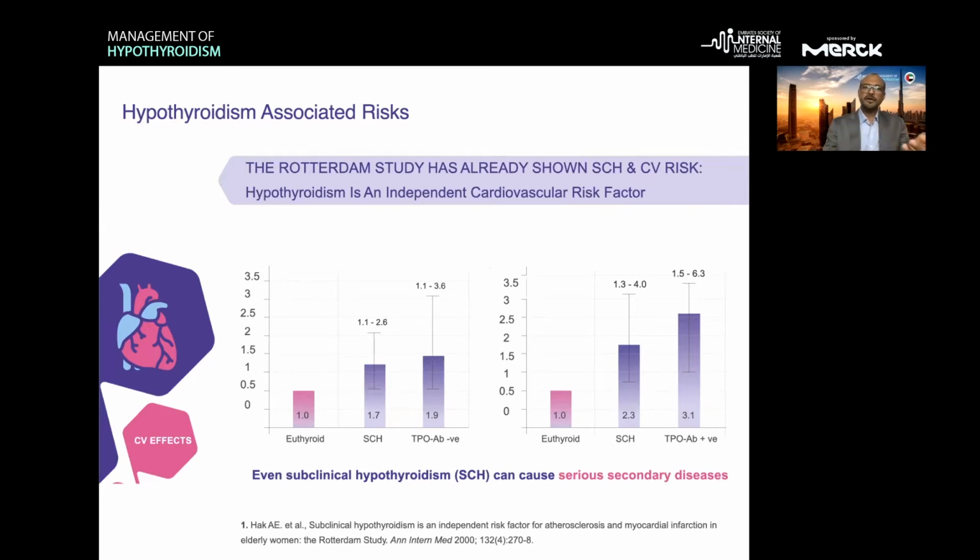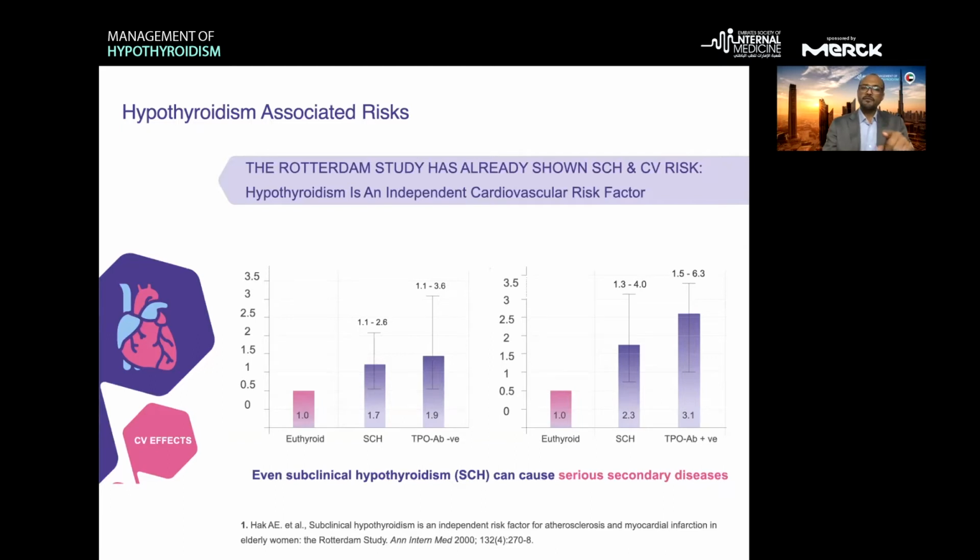And if you look at the graphs, the euthyroid is the group of people we compare with. And if you look at the subclinical hypothyroidism, the risk actually increases by 70%. So the relative risk increases to 1.7. That's around 70% more than normal people.